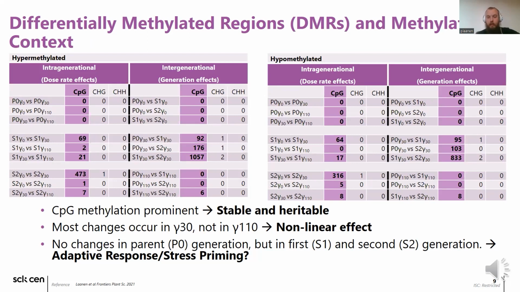Additionally, CpG methylation has been shown to be very stable and play an important role in epigenetic inheritance. So possibly we might be seeing a heritable effect here. Additionally, we see that most changes occurred in the lower dose rate and less so in the higher dose rates, showing us a potential threshold effect.